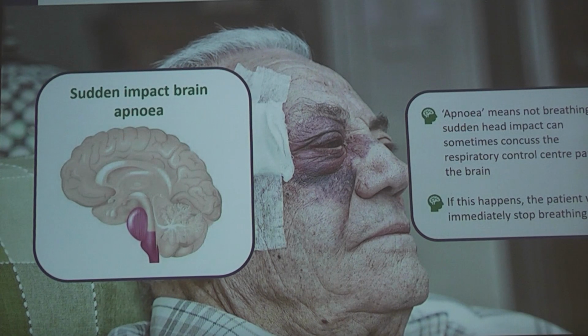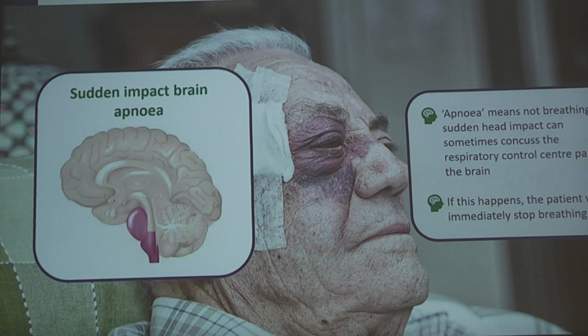Now it will recover, but it will take a few minutes to recover, and the problem is, while it's recovering, the person isn't breathing. The patient will immediately stop breathing, and if you don't recognise it, they will continue not breathing.